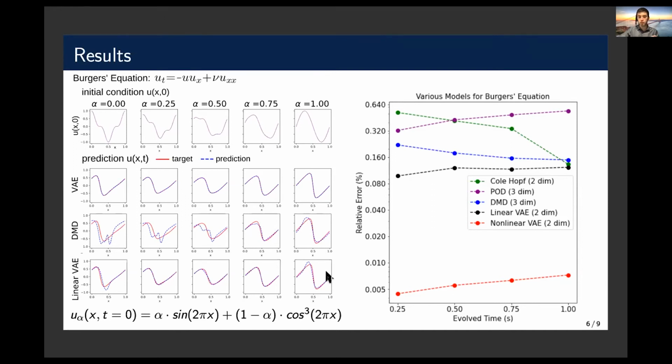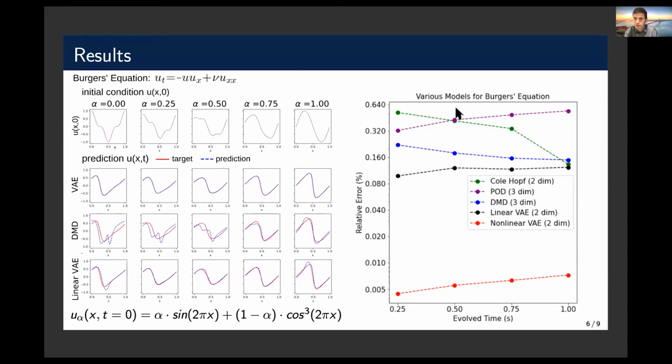And to drive the point home of how important the nonlinearity is, I also used a linear VAE where the encoder has to be linear, the latent map has to be linear, and the decoder map has to be linear as well. And here it actually had some benefit over DMD, but still cannot perfectly get the correct prediction.